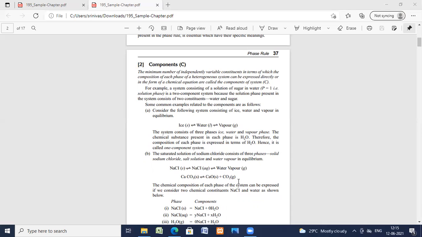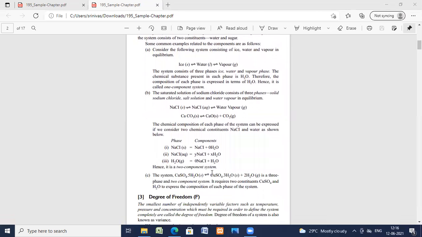The chemical composition of each phase of the system is expressed, if you consider two component system, NaCl and water, the components are two, the phase is one. NaCl solid, the phase is solid. Components you'll be having for the solution, NaCl and water.